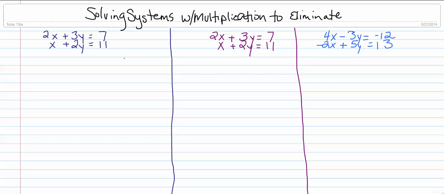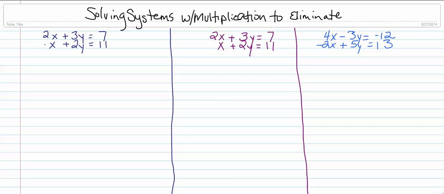So starting with this first system of equations, I notice that in the top equation there's a 2 in front of the x, and in the second equation there is a 1 in front of the x. If I want to solve this by eliminating the x variable, I need to get them to be opposite coefficients.